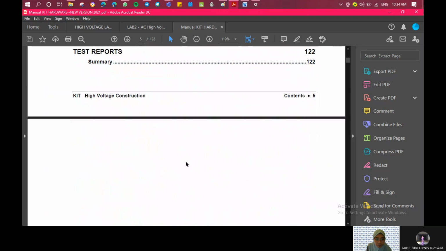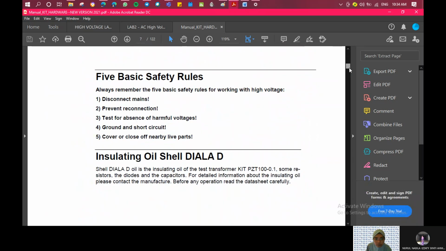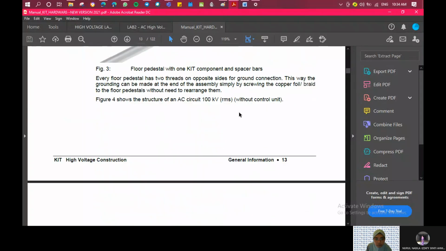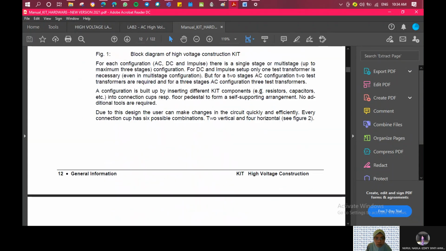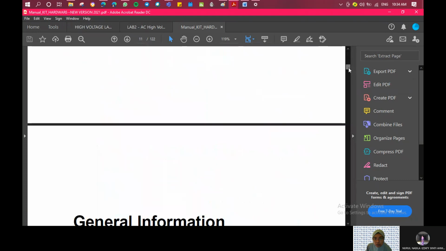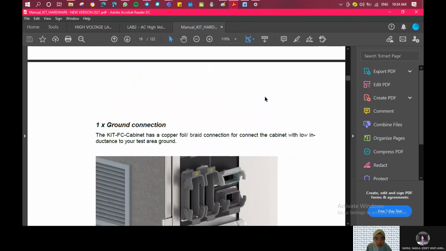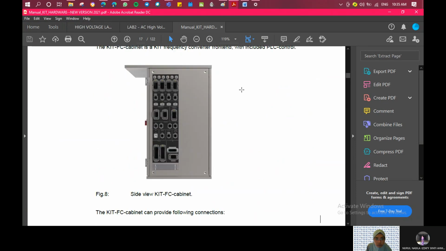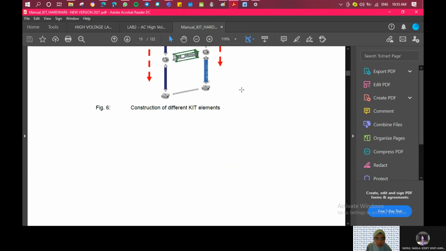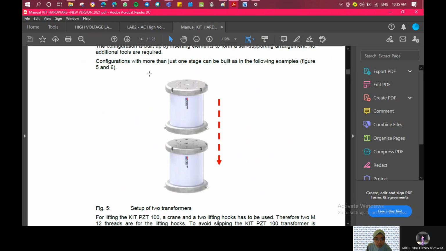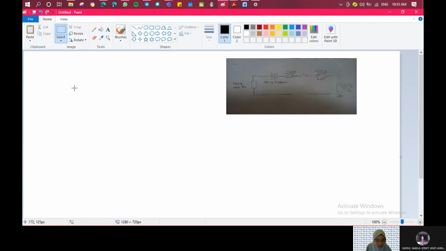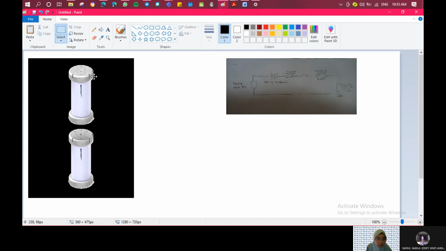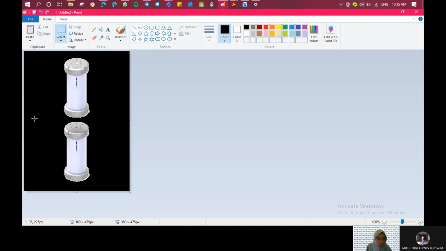Firstly, we need the transformer, the high voltage transformer, which is this one. Okay, this one. Copy. Just need one.